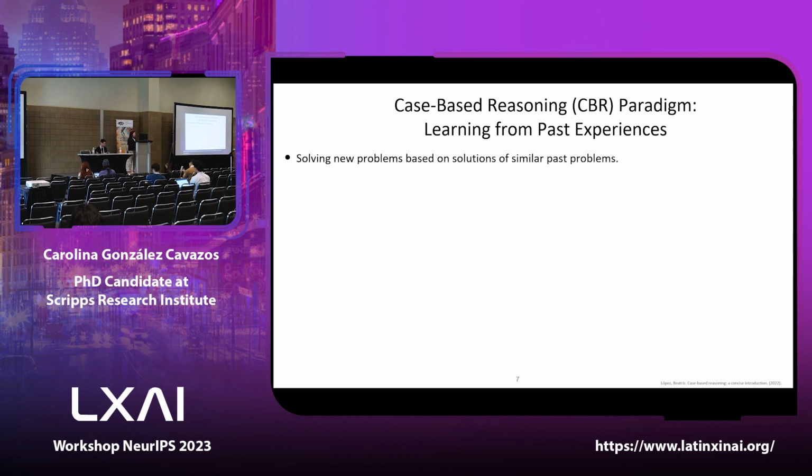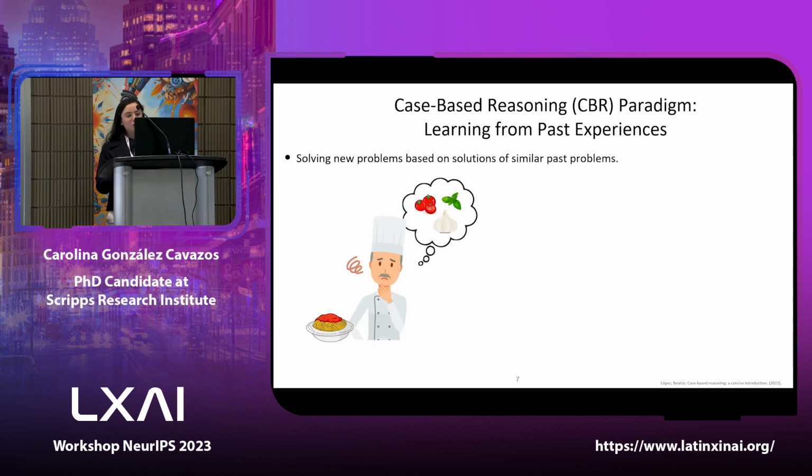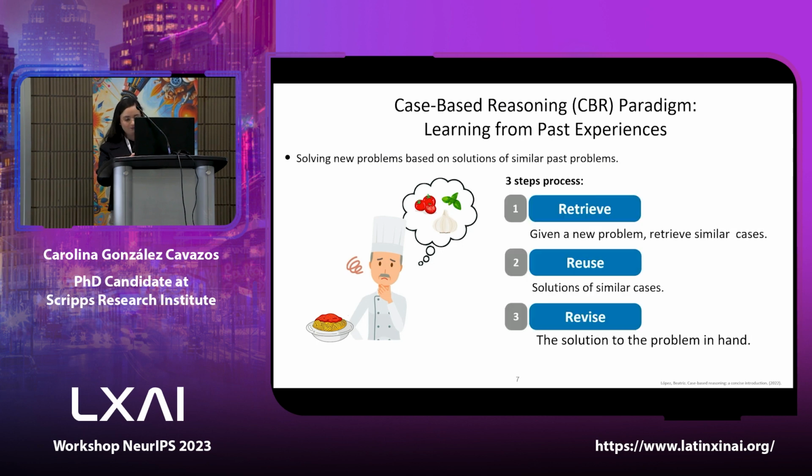The case-based reasoning paradigm is an artificial intelligence framework that was developed many years ago, where the idea is to solve problems based on solutions that happened in the past. A really nice analogy to understand this paradigm is to consider a chef who is trying to replicate a specific tomato pasta dish. In order to replicate this recipe, he needs to remember recipes that he did in the past and all the ingredients that he used, and that way replicate the new recipe.